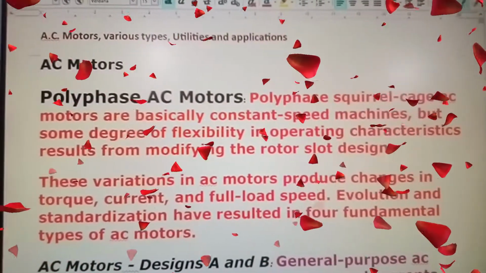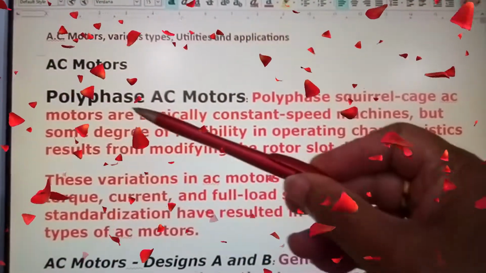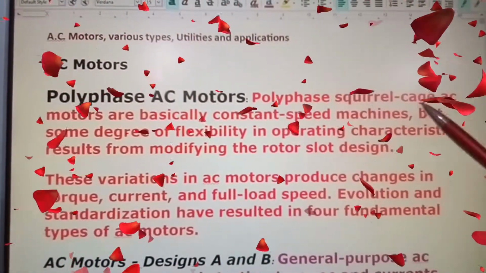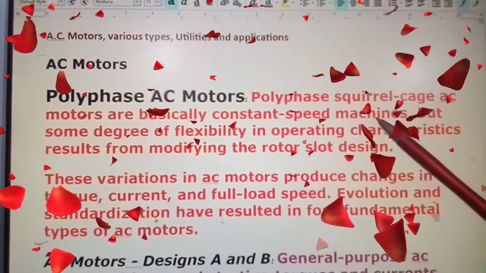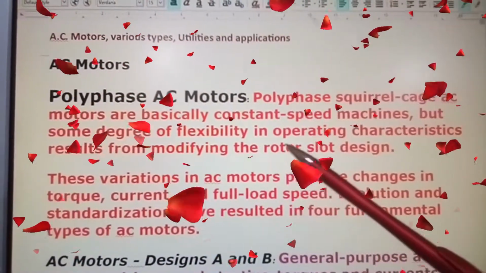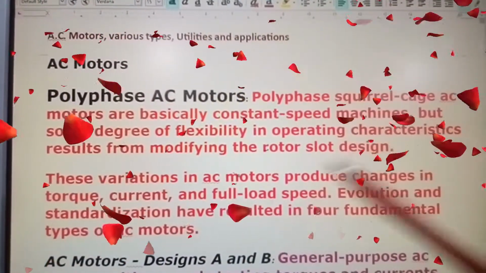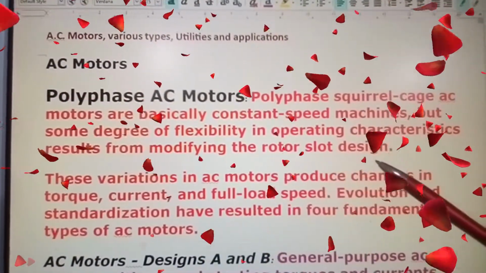AC motors. Polyphase AC motors. Polyphase squirrel cage AC motors are basically constant speed machines. But some degree of flexibility in operating characteristics results from modifying the rotor slot design.